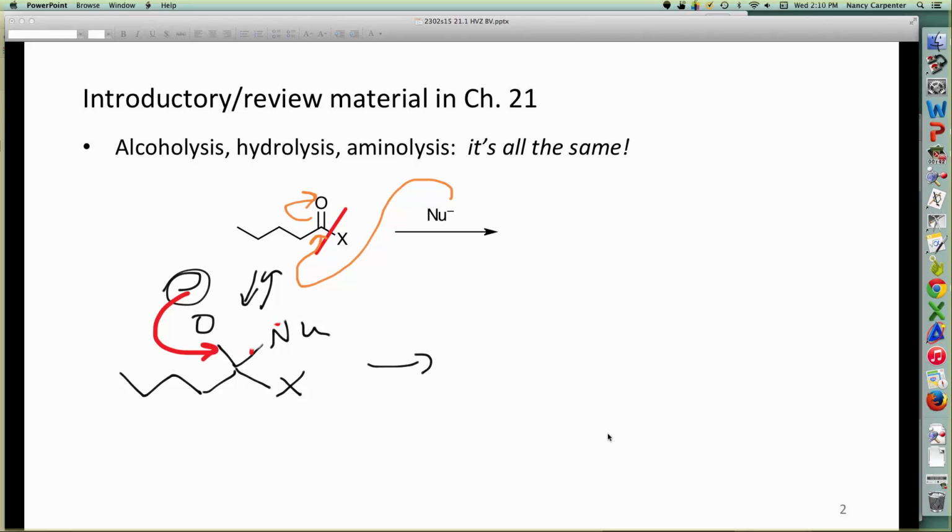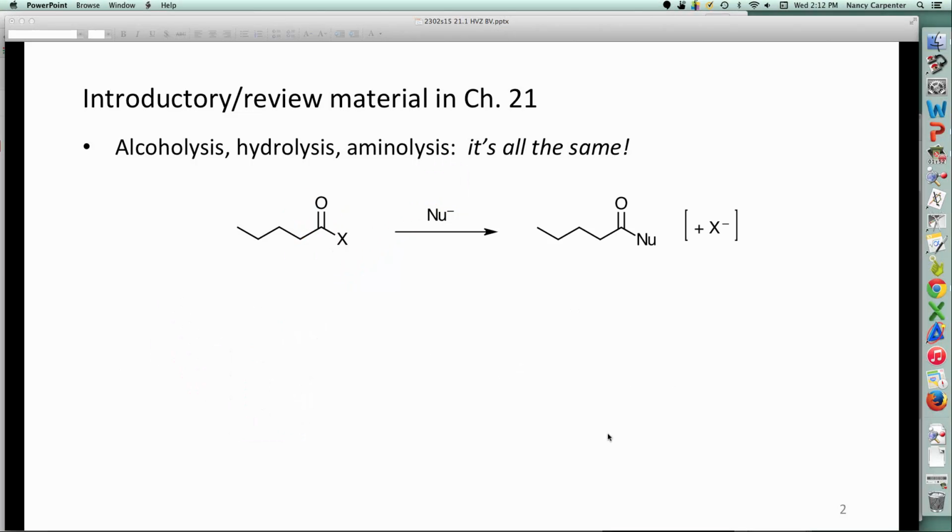But what we want to see happen is X get kicked out to give you your substitution product. So nucleophilic addition here, elimination here. So that's where we come up with our addition-elimination reaction. There's the product. X minus kicked out.